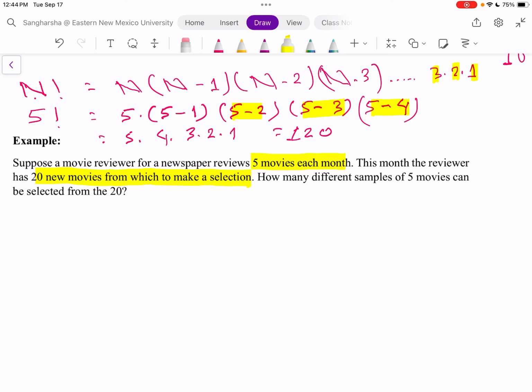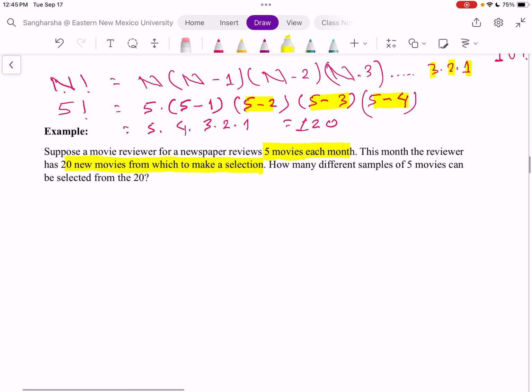The reviewer has 20 new movies, and he needs to select 5 movies out of that 20. So that's what we need to find: the number of ways you can select 5 movies from the 20.